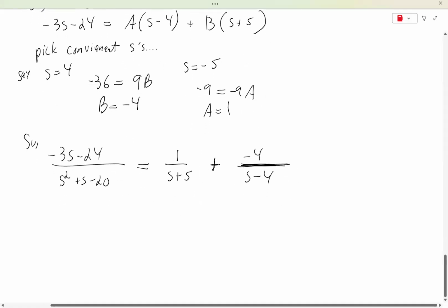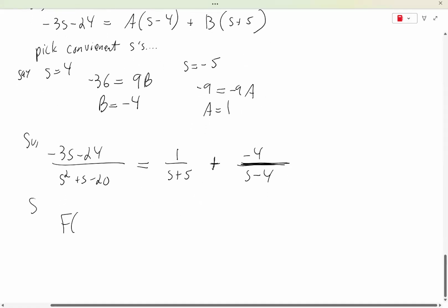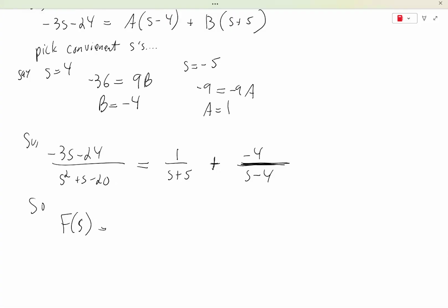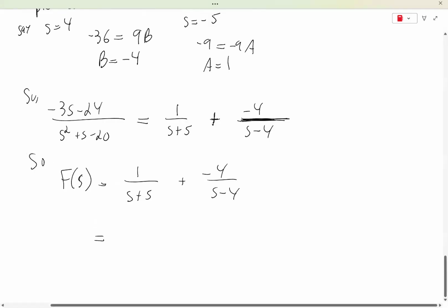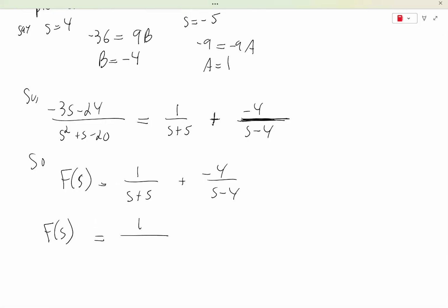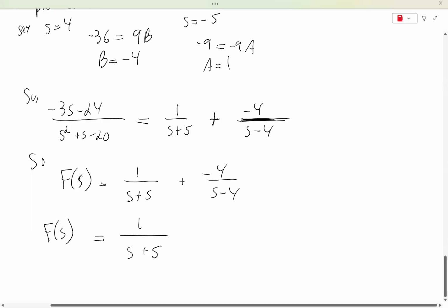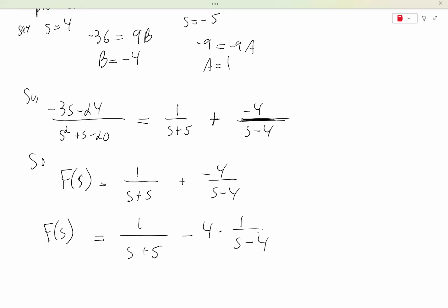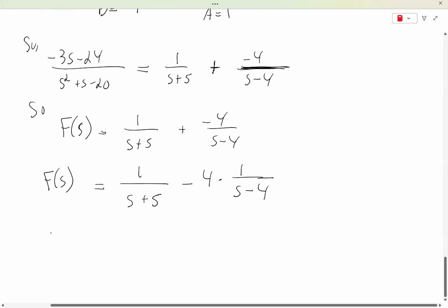Okay, so now that's our capital F of s, which is 1 over s plus 5 plus negative 4 over s minus 4. So this is equal to 1 over s plus 5 minus 4 times 1 over s minus 4. Oh, s's are so bad at this. I wish it wasn't s's. Now we'll get the function.